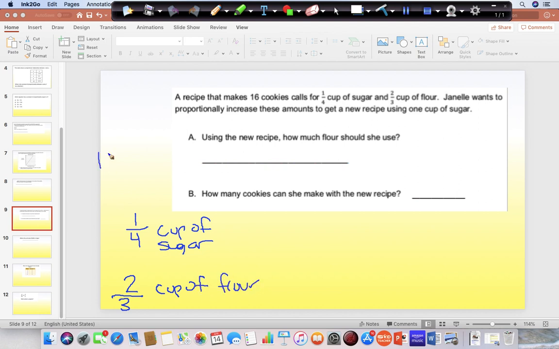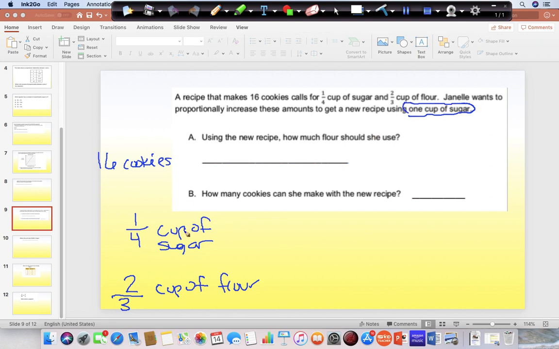And this makes 16 cookies. Okay? It says Janelle wants to proportionally increase, that means increase them all the same amount, to get a new recipe using 1 cup of sugar. This is paramount, 1 cup of sugar.